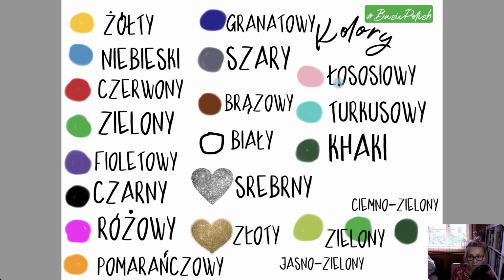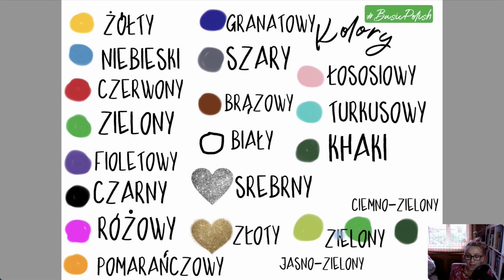Łososiowa, neuter. Łososiowe. Okay. With teal color, do the same. Turkusowy, turkusowa, turkusowe. Leave khaki for now. It doesn't change, whether it's something feminine, masculine, or neuter. So that's a different color.